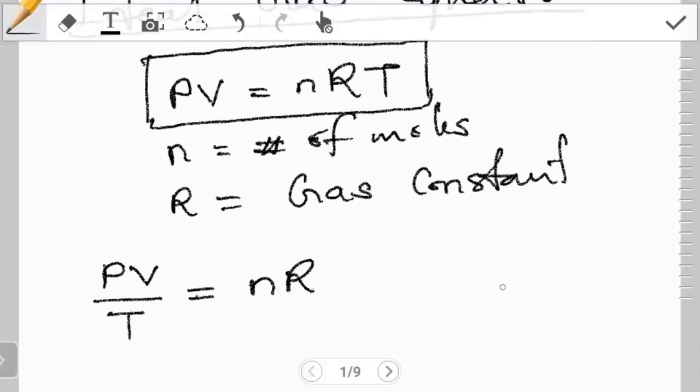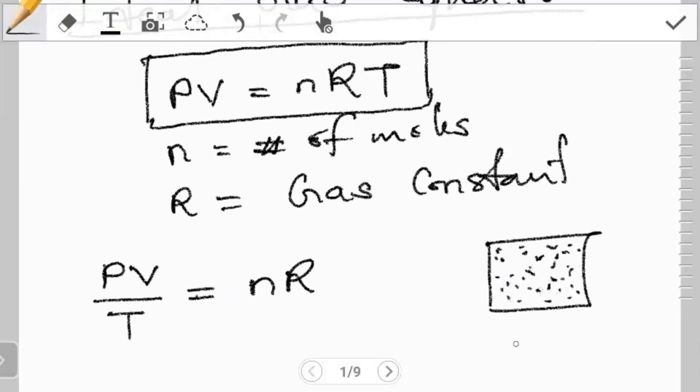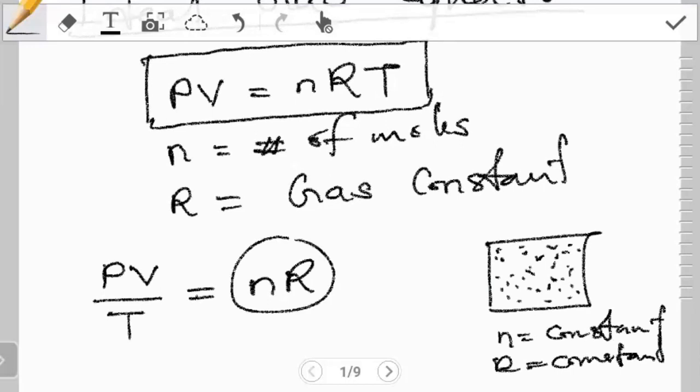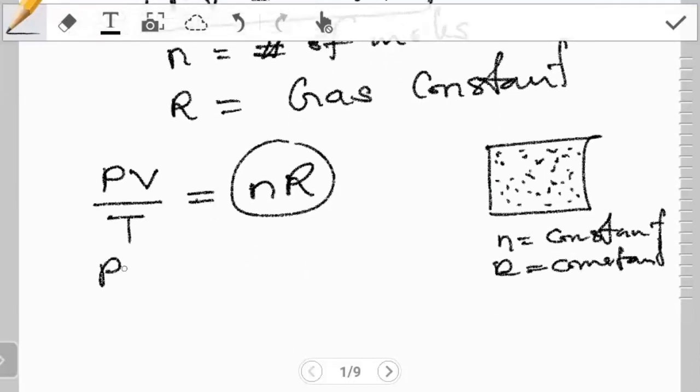If the gas is contained, let's say this is your container with a gas in it, the number of moles that is closed here is constant. And apart from this, we already know that R is a constant. So if these two terms are constants, then we see that PV over T is equal to a constant, let's say K. It can be any constant really, but all I'm saying is it's equal to a constant.